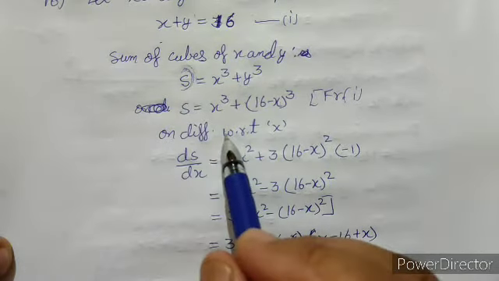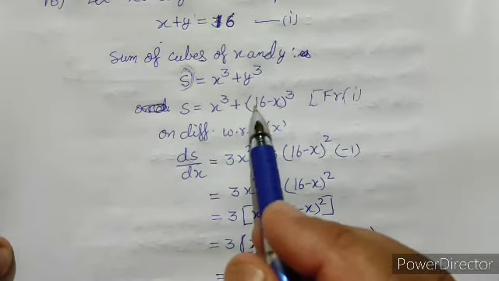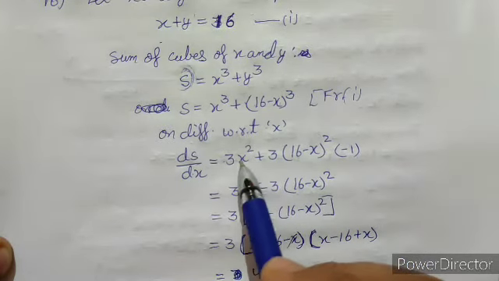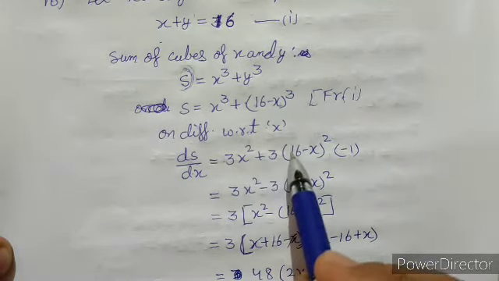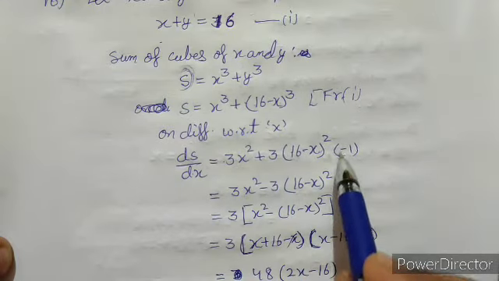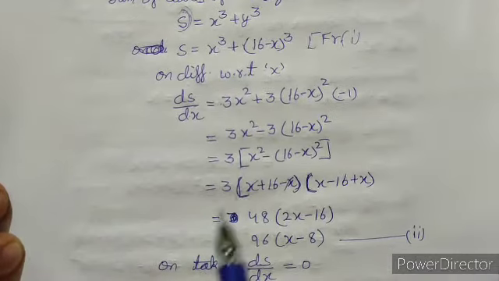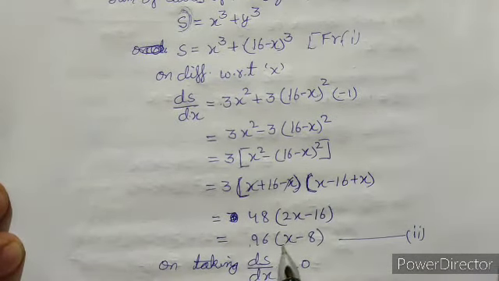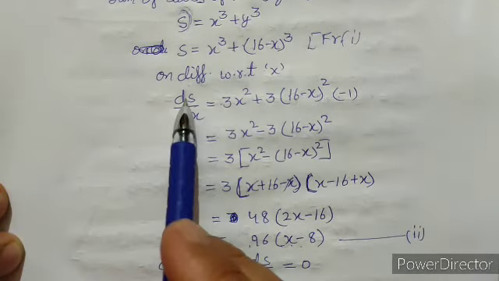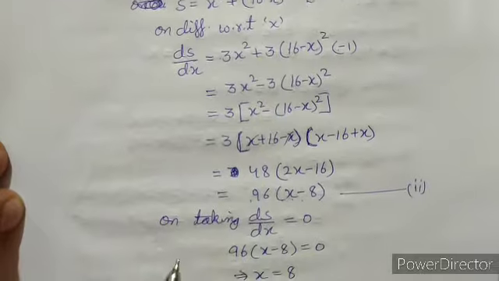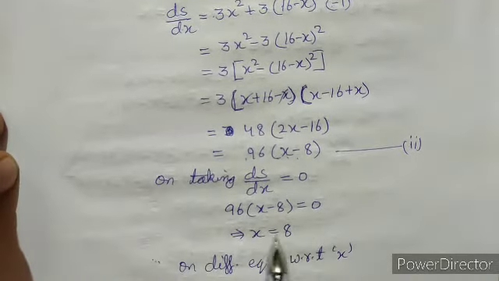On differentiating both sides with respect to x, ds/dx will be equal to 3x square plus 3 into (16 minus x) whole square into minus 1, and that will be equal to 96 into (x minus 8). Now on taking ds/dx equal to 0, we will get the value of x as 8.